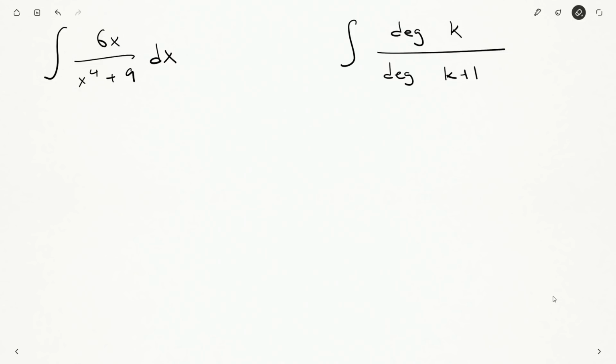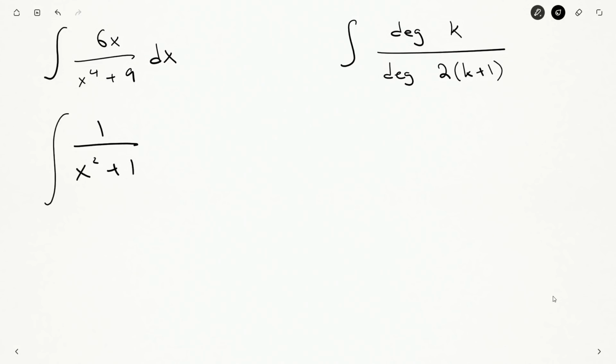But in this case, we don't have that. Now, the other situation is if the degree of the bottom is 2 times k plus 1, this is prime for arctan sort of material. Because the thing I plug into arctan... arctan itself doesn't look like this, but the derivative of arctan looks like 1 over something like this. And so when I integrate, I'll get arctan.